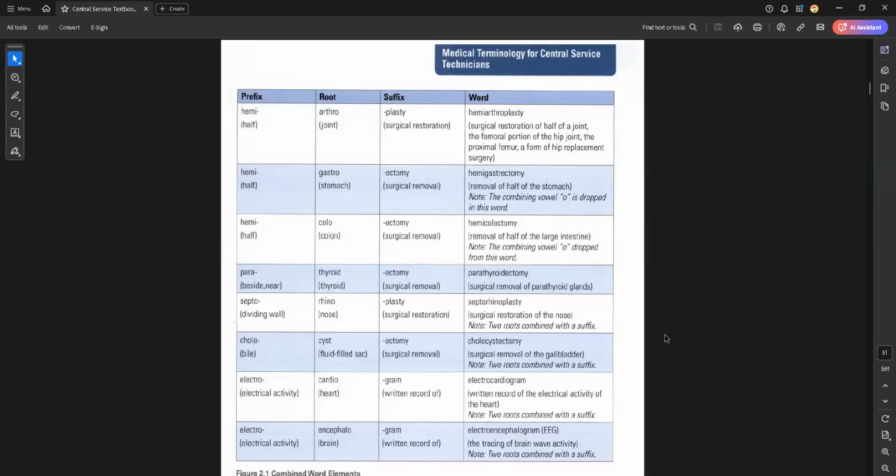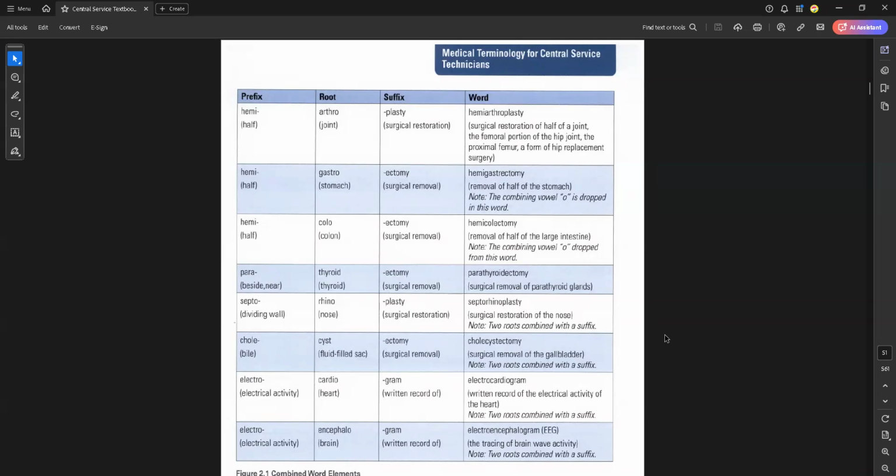Then the other one is gastro, stomach. Normally people who are obese, surgeons think that they eat too much and therefore they must reduce their food consumption.